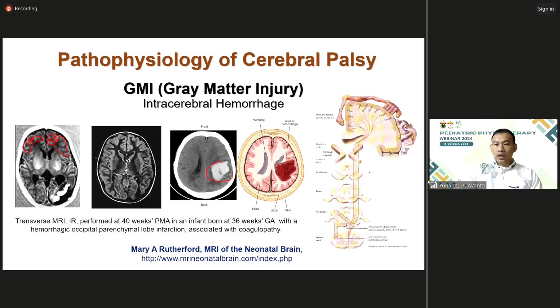So depending on the lesion in the cortex and the corticospinal tracts, the form may become CP spastic diplegia, but with a wider cortical lesion it becomes cerebral palsy spastic quadriplegia.